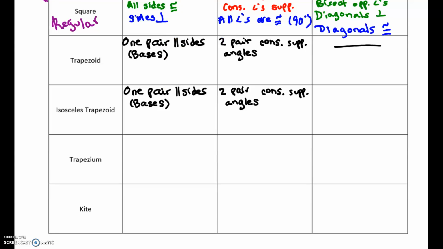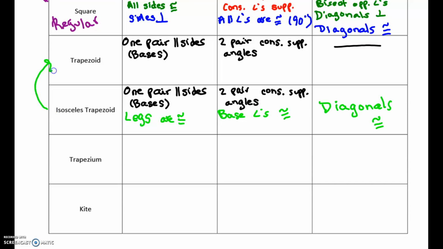So my isosceles trapezoid also has legs that are congruent. Let's put an E in there, shall we? And the pairs of base angles are also congruent, and my diagonals are congruent. So my isosceles trapezoid is a subcategory of my regular old trapezoid.